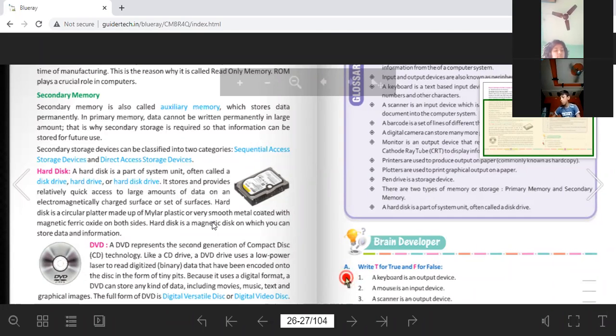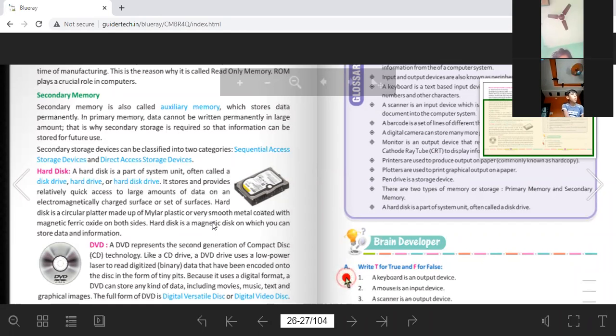So we need a memory card, which we normally call the chip, to store the excess data. In computers also, we cannot expect the technology to store all the data in one place in a great amount. There are some data which need to be used for future purposes also. So we use secondary memory, secondary storage, to store this data on a permanent basis for our future use.